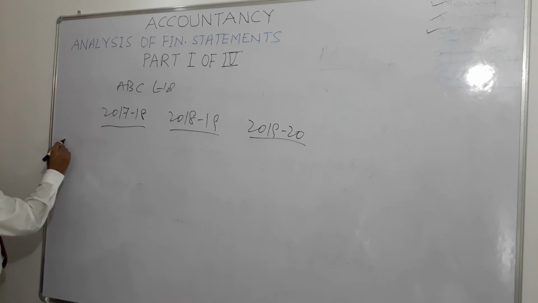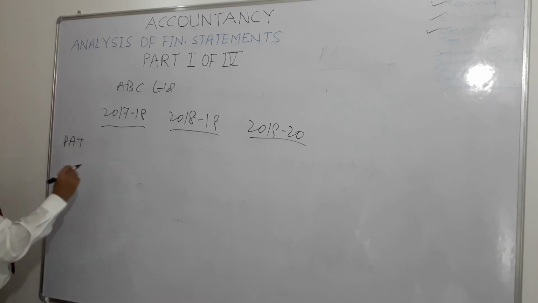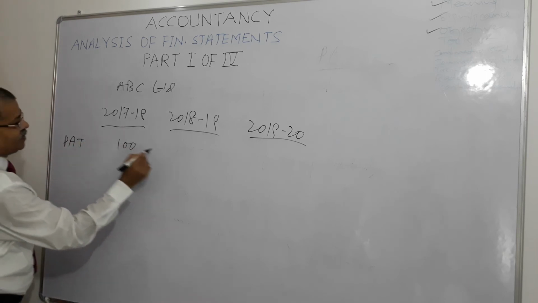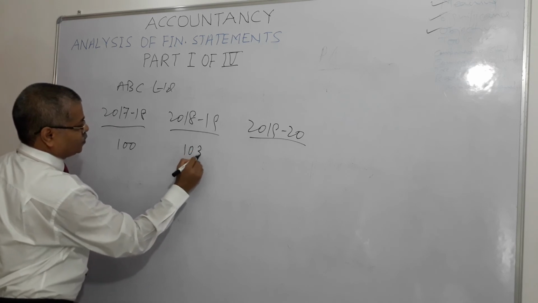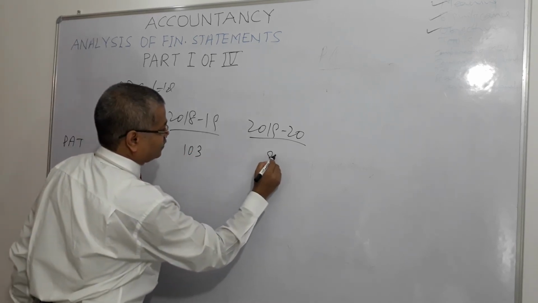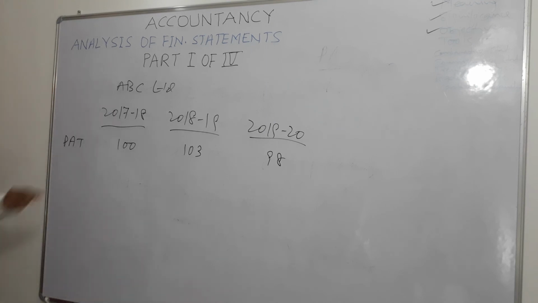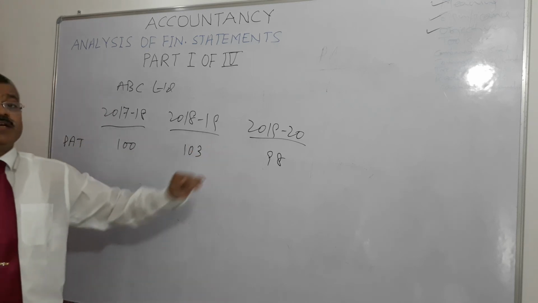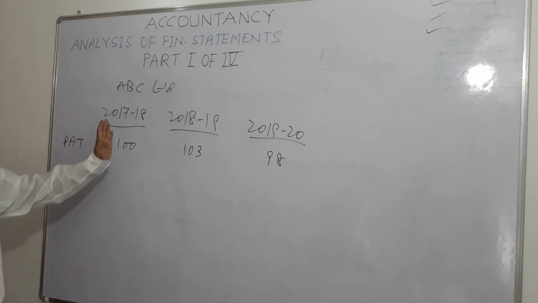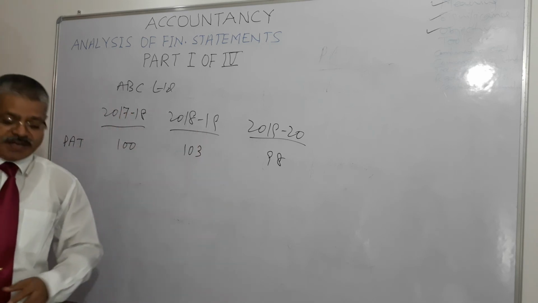P&L. So I am comparing profit after tax. Here it was 100, it became 103, and then it became 98. So here I am comparing the profit and loss account of this company ABC Limited over a period of the last 3 years, 17-18, 18-19, 19-20.